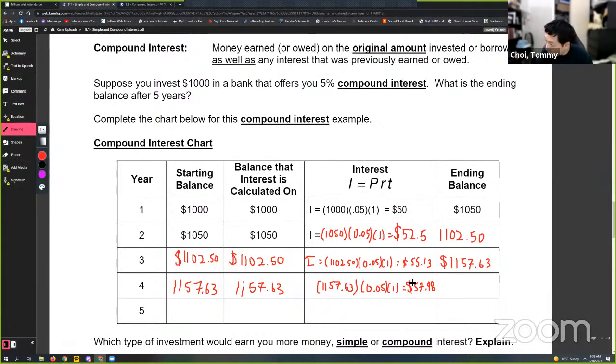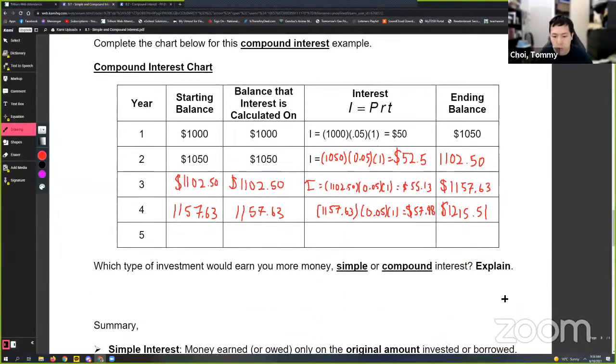The interest is growing, like it's consistently growing every year because we have more money. And so we add that on to our final value that we had, and I get 1,215.51. In comparison to simple interest, we already have more money. We have around $15 to $16 more than someone who just had simple interest, which might not seem like a lot, but it adds up. And so you can see compound interest definitely gains a little more interest than we think.